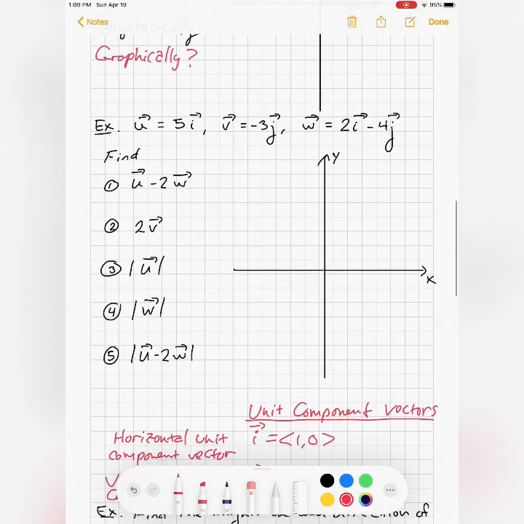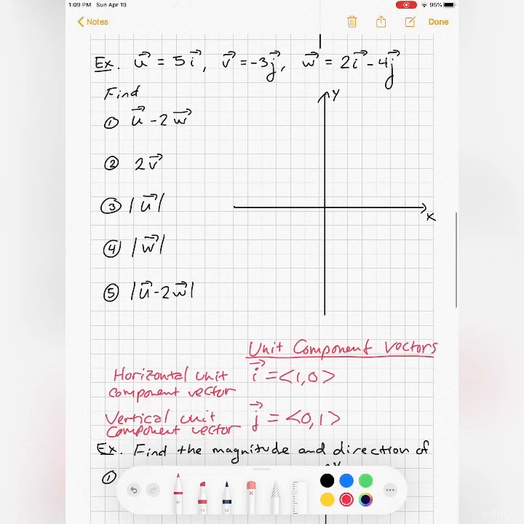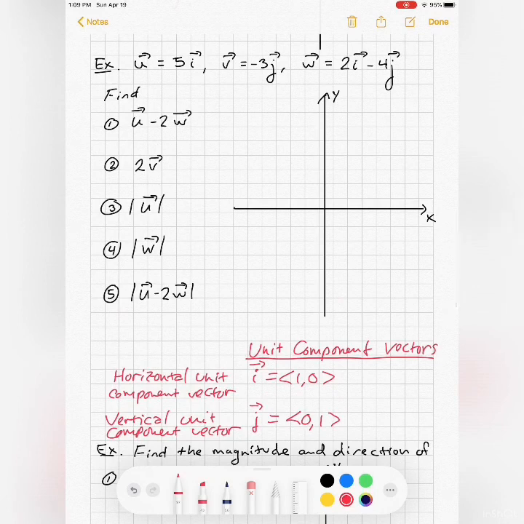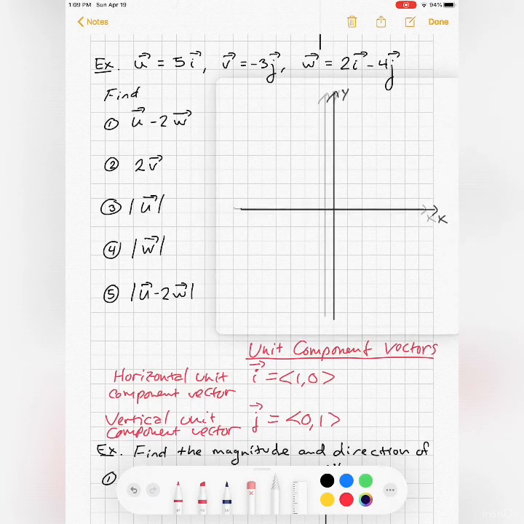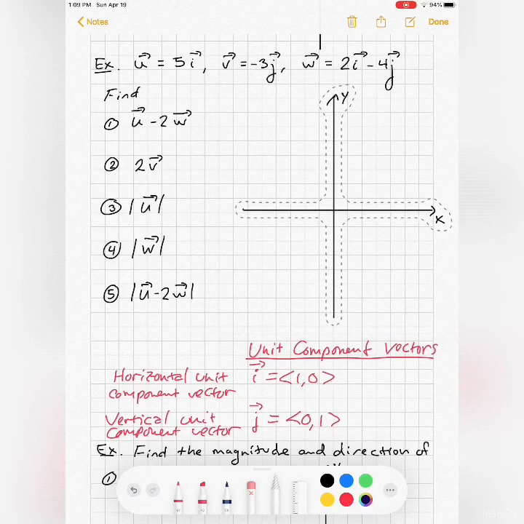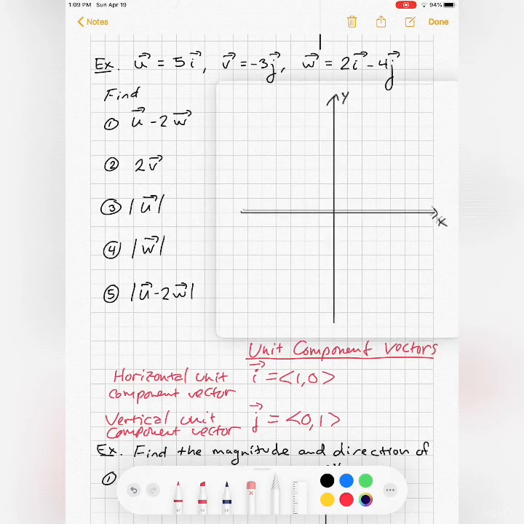Okay, so looking back up here, I can rewrite the vectors u, v, and w kind of immediately. If I want to, I can rewrite them in component form, or I can leave them in terms of i and j, and I can do the problem that way. It doesn't really matter. Notations are interchangeable.